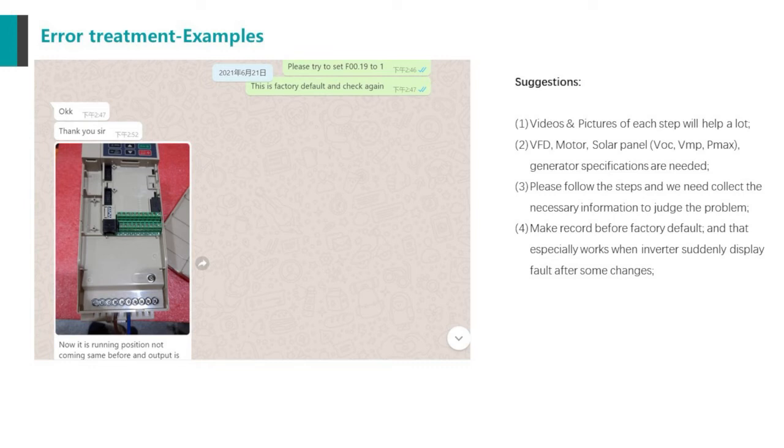Another thing is, in this phenomenon where a customer did a parameter setting and suddenly the inverter displays a fault, you could try to set F00.19 to 1 or 2 to make factory default. And then you will find 90% of the time the inverter could run normally.